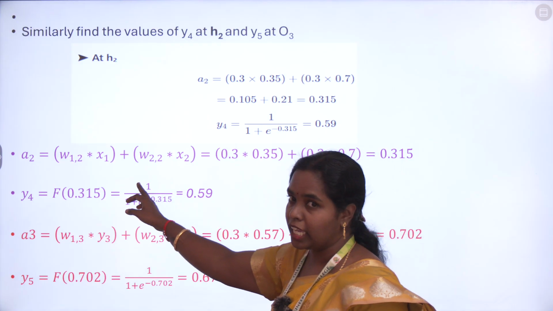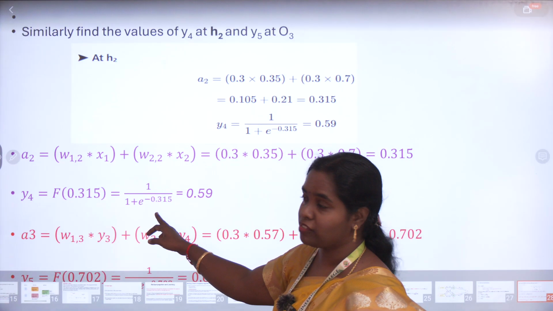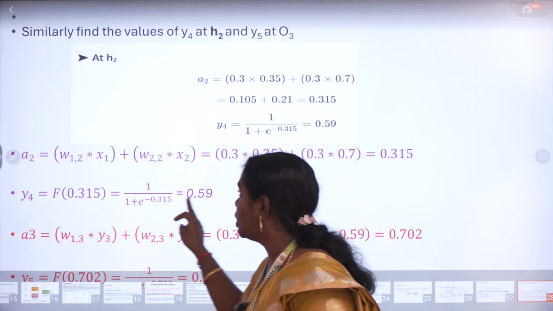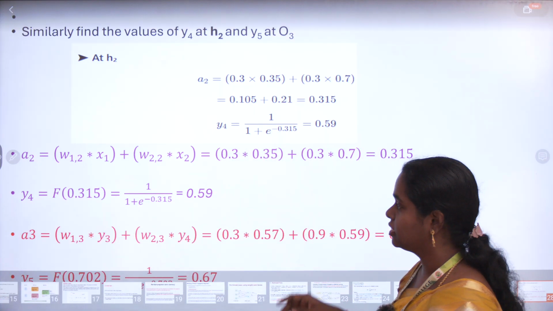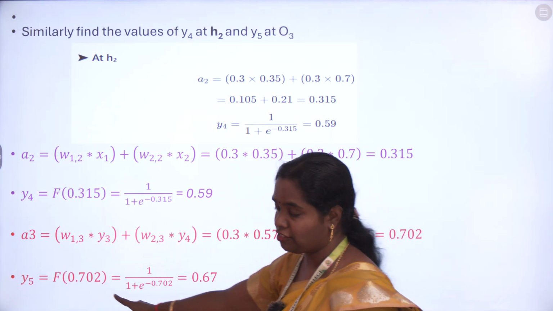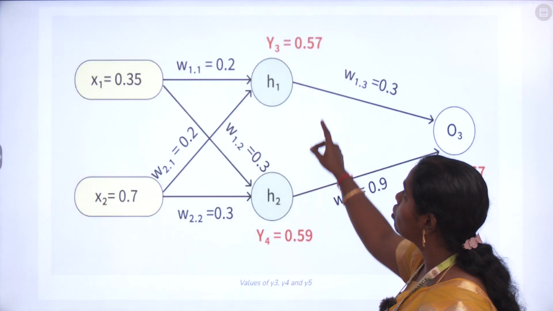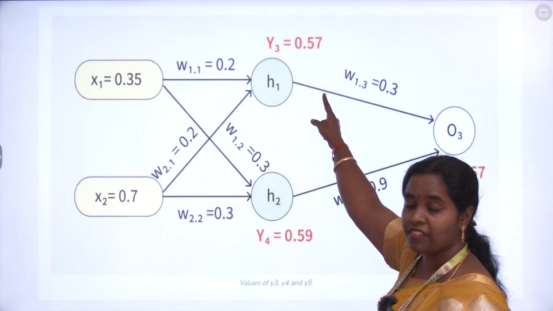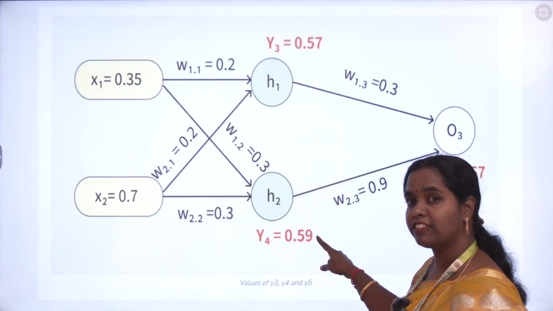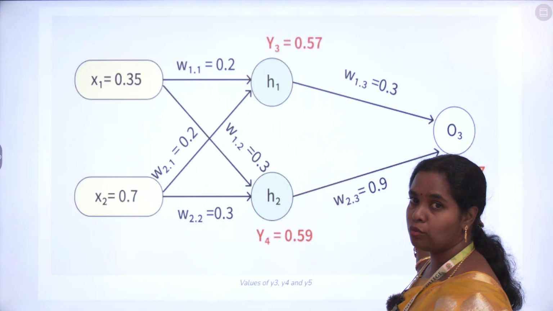So you will get the A2 value, and after that you have to apply the sigmoid function. Y4 value is 0.59, and the next one, the A3 value, same like that, Y5 is 0.67. So Y3 value is now 0.57 and Y4 is 0.59, and O3 is 0.67, which is also called Y5.